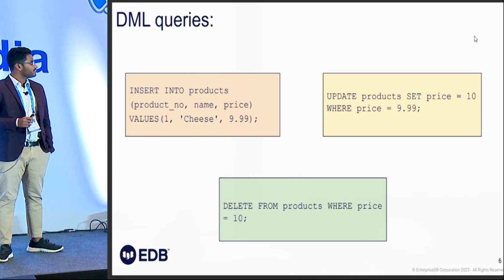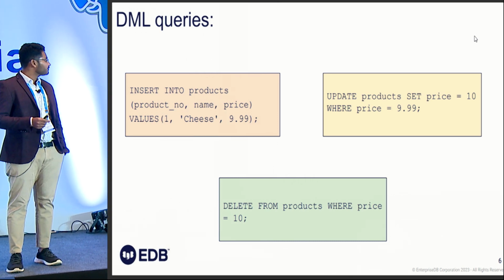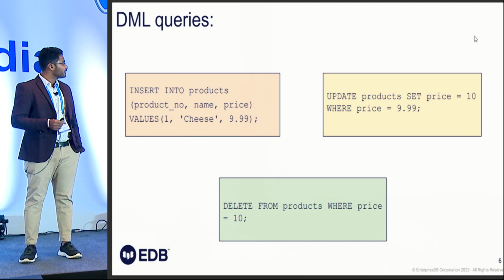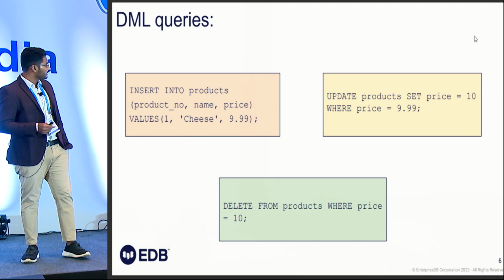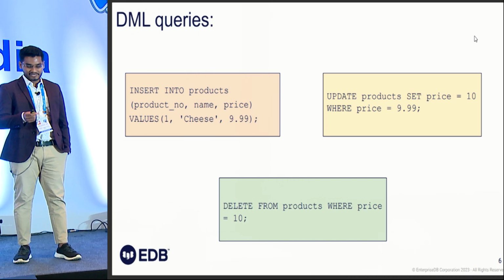I have given examples of all these 3 DML queries. First is the insert: we are inserting one row using the insert command, then updating the row, and then deleting the row. We are taking this example for reference in later slides.